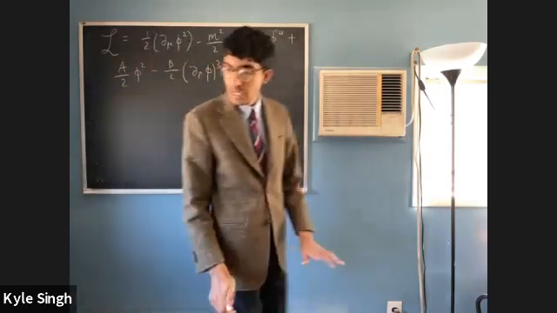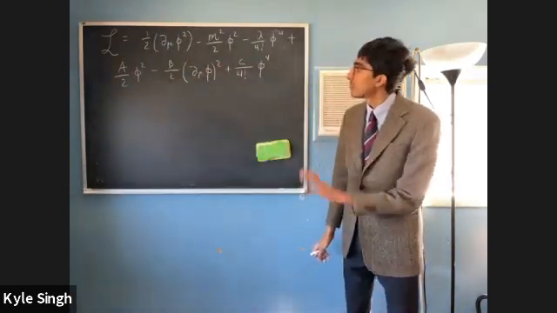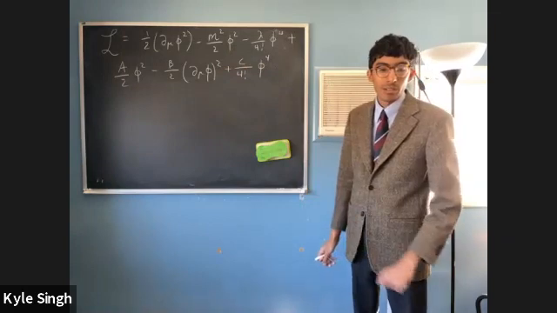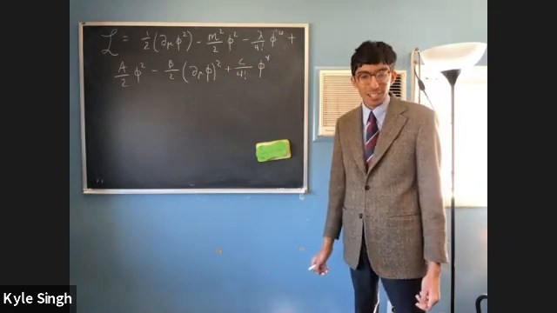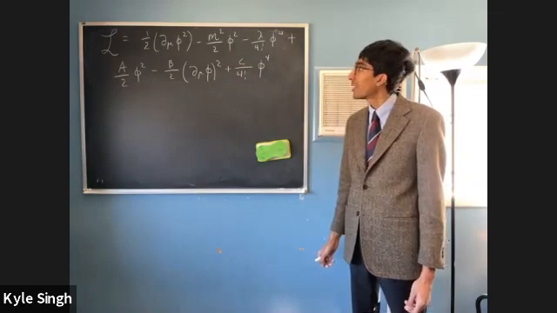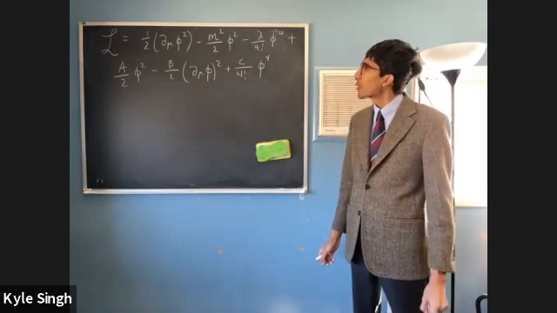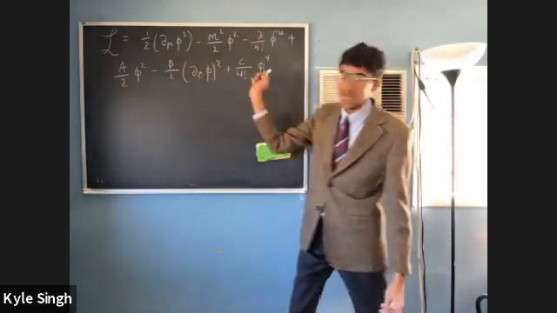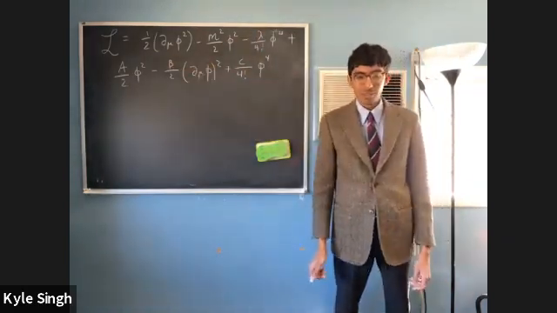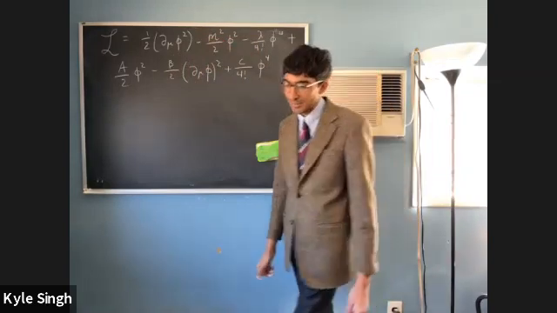So this is just a standard counter-termed up Lagrangian. Each term gets a counter term. 1, 2, 3, 1, 2, 3. Good? Okay.